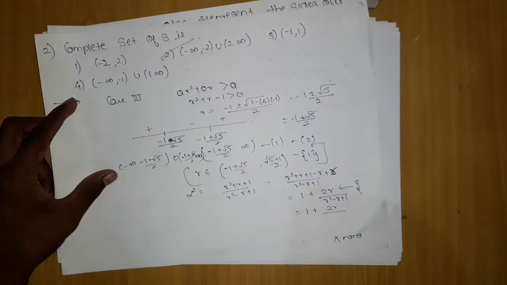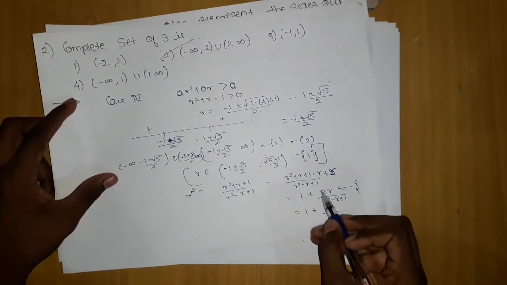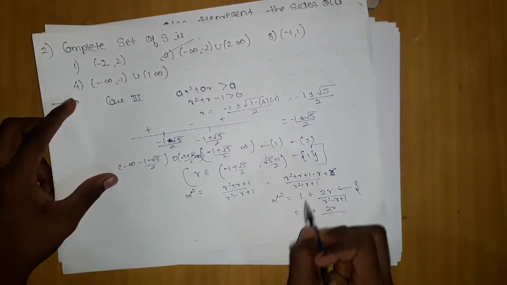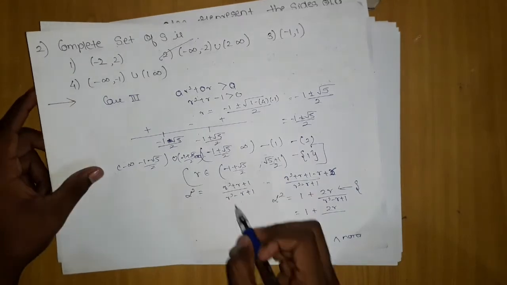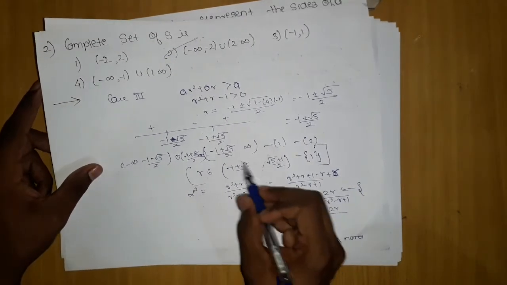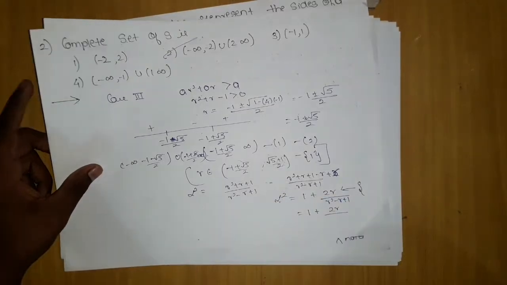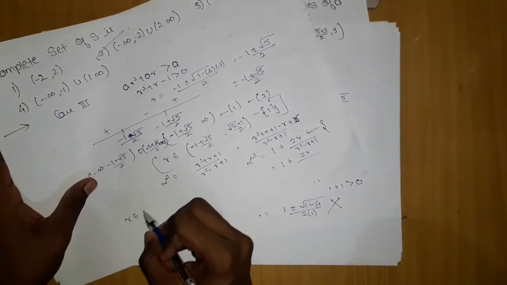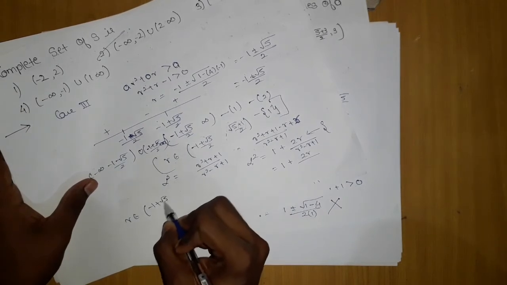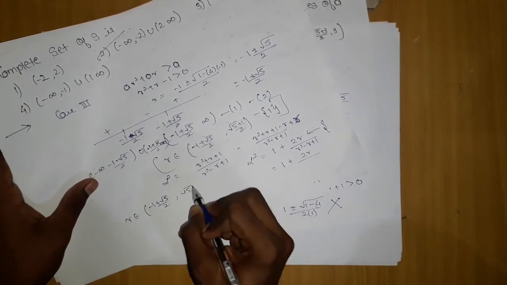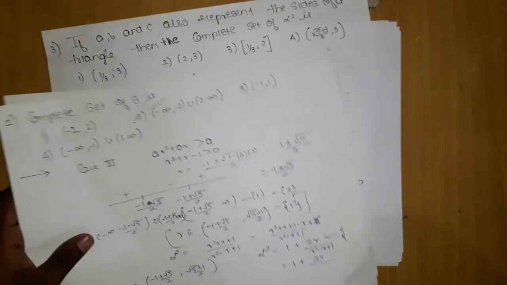If I add that set plus 1, I will get alpha square, so the possible answer will be greater than this one and between this. So what can be the possible answer? I have r belonging to (-1 plus under root 5)/2 to (under root 5 plus 1)/2.